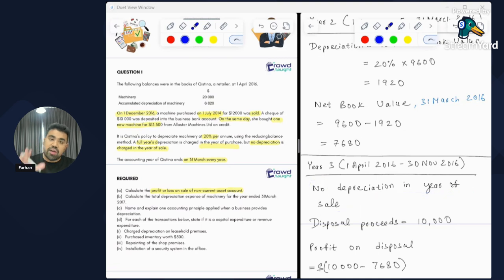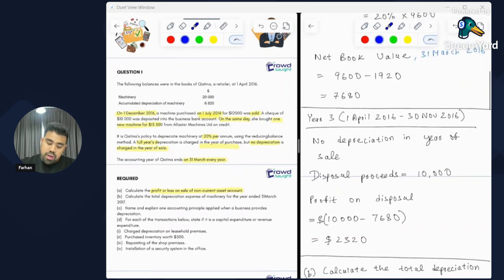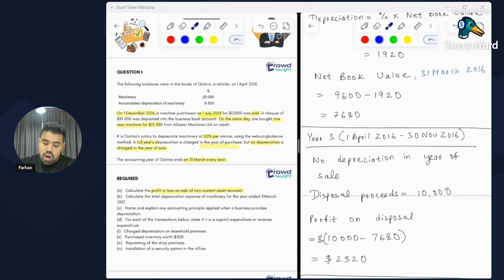Now we understand that we sold this machine for $10,000, which is known as the disposal proceeds, or which is also what you can simply say the cash or the money that we had received in our bank account, which is $10,000. All right. Now, have we made a profit or loss on disposal? Have we made a profit or loss on selling this non-current asset? All right.